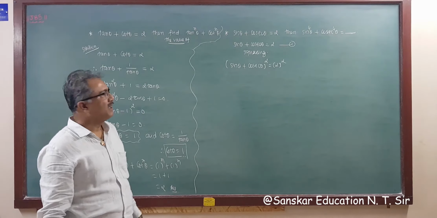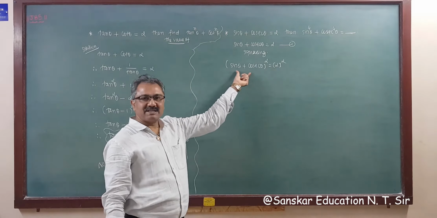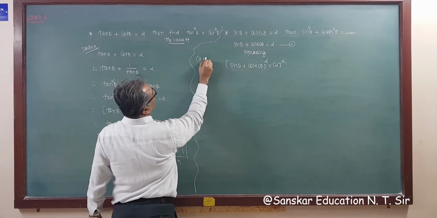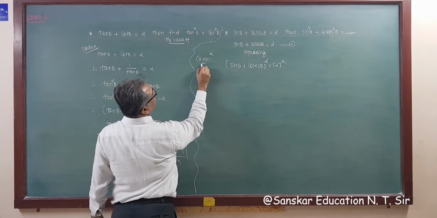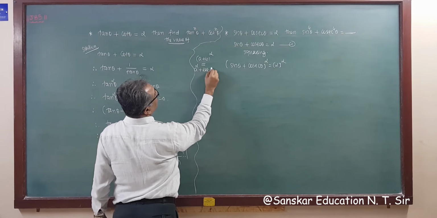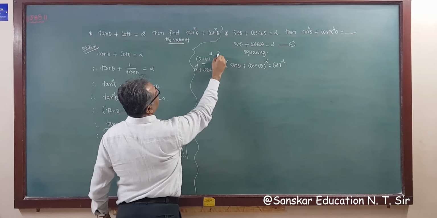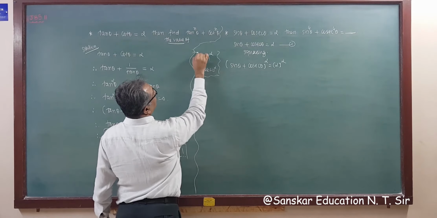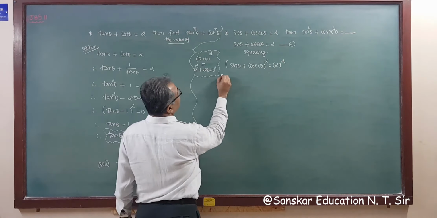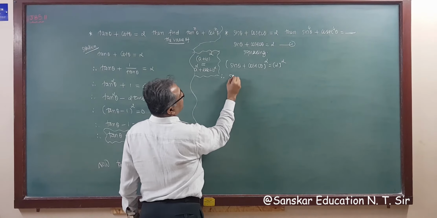Now expanding this, applying the a plus b whole square formula: a plus b whole square is a square plus 2ab plus b square. So the answer of this is sin square theta.